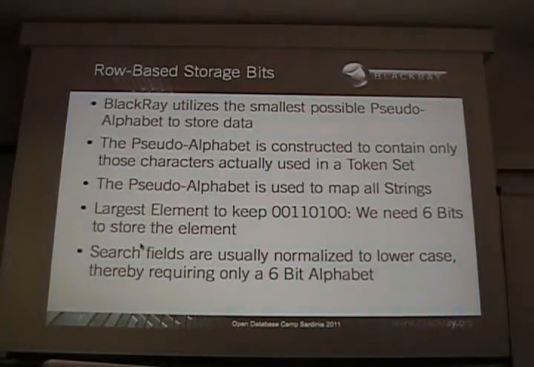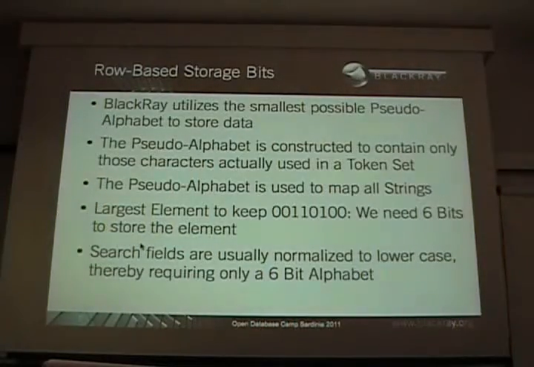And it turns out if we use traditional European languages search, we usually use a 6-bit alphabet. Because all the characters, A to Z, plus the numbers, plus the few extra characters we have in European languages, fit nicely into 64 values. So a 6-bit alphabet is really all we need for that purpose.